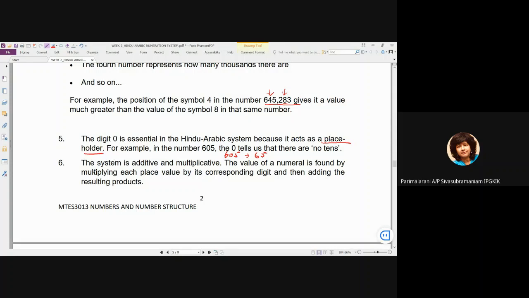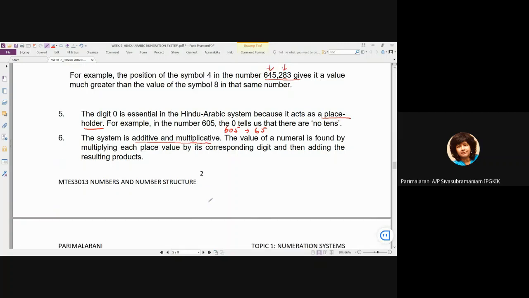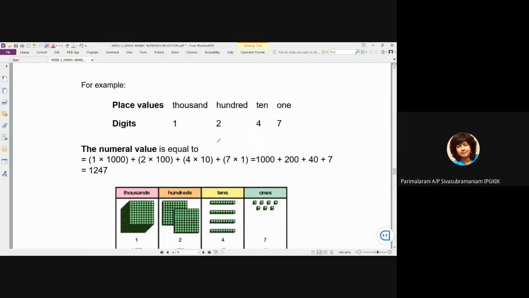The system is additive and multiplicative. What do we mean by additive and multiplicative? Let's look at this example here. We have this number 1247. This number actually means that the digit 7 represents 1, digit 4 represents 10, digit 2 represents 100, and digit 1 represents 1000.